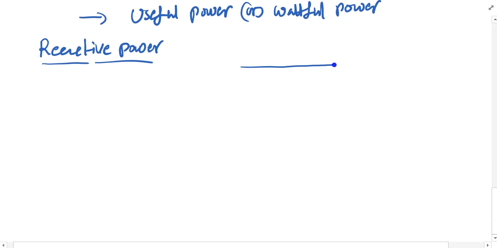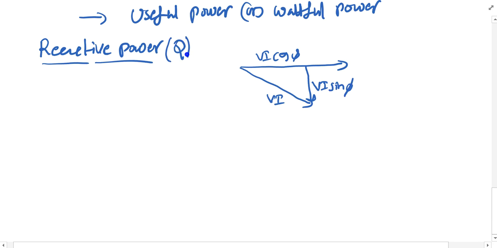This is my diagram, and this is VI, this is VI cos phi, and this is VI sin phi. The reactive power is denoted with Q. So Q is nothing but VI sin phi.